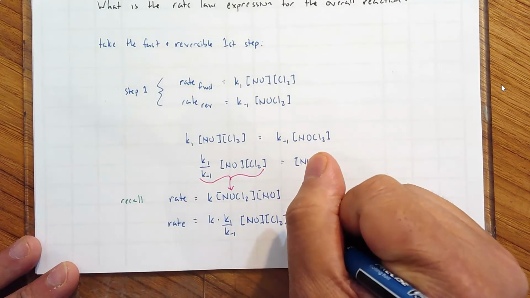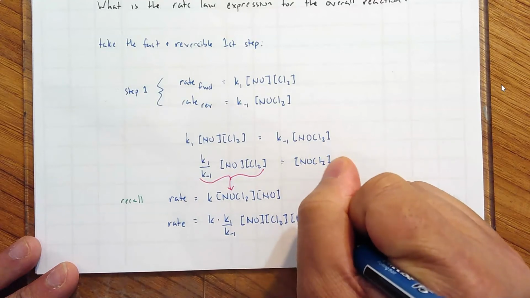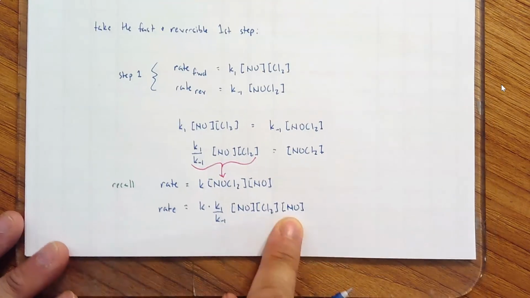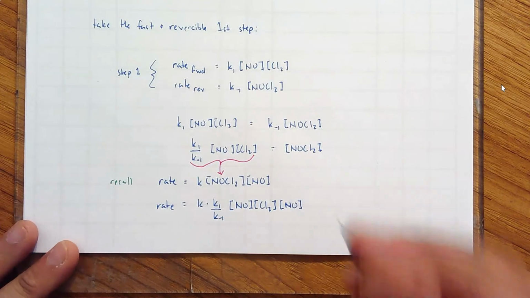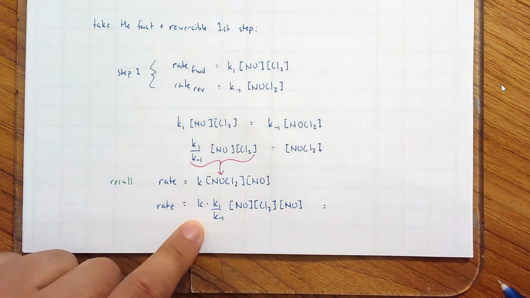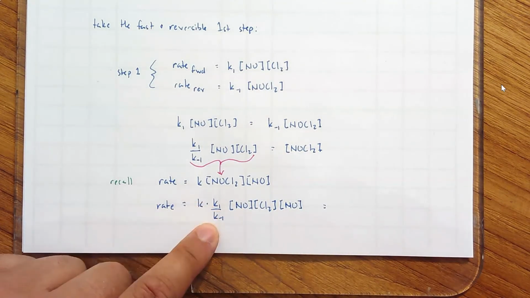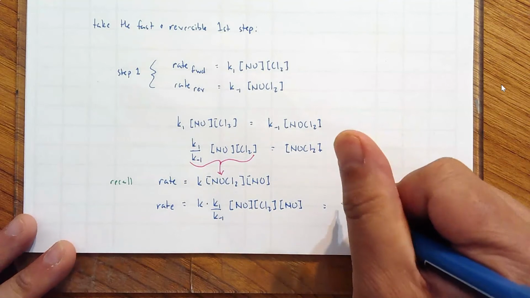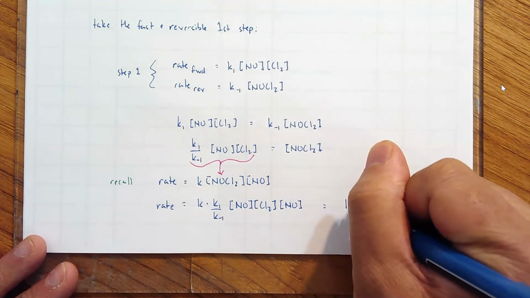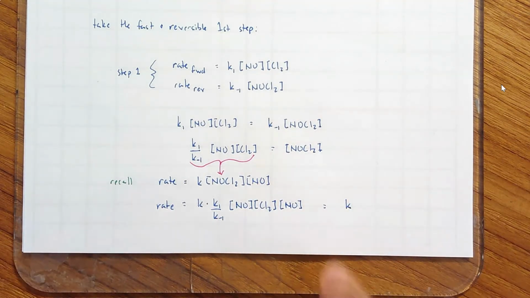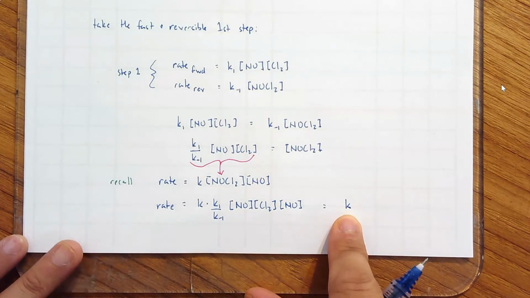So here we have NO. That NO down here is this NO over here. So then we just simplify, okay? All the constants, a constant times a constant divided by a constant is just a constant. And it doesn't really matter to me whether you have a subscript. It's still a constant. So typically you just put k.